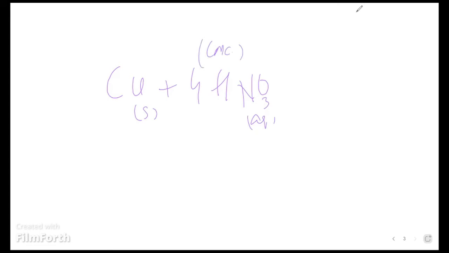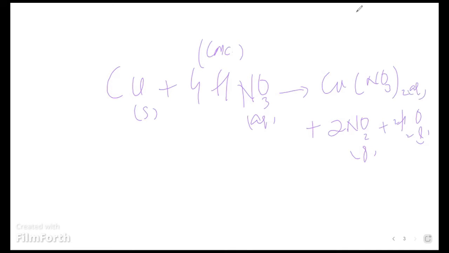Concentrated solution of this acid forms copper 2 nitrate plus nitrogen dioxide gas plus water, H2O, liquid. Cu plus 4HNO3 arrow Cu(NO3)2 plus 2NO2 plus 2H2O.